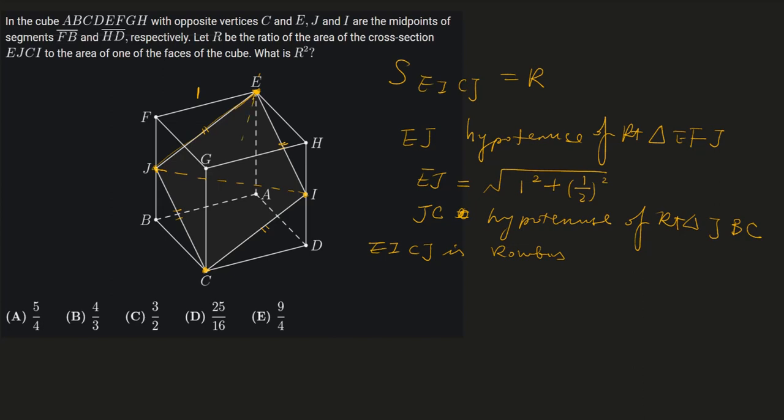Let's connect this diagonal. So we know that the area of EICJ equals a half of JI times EC.